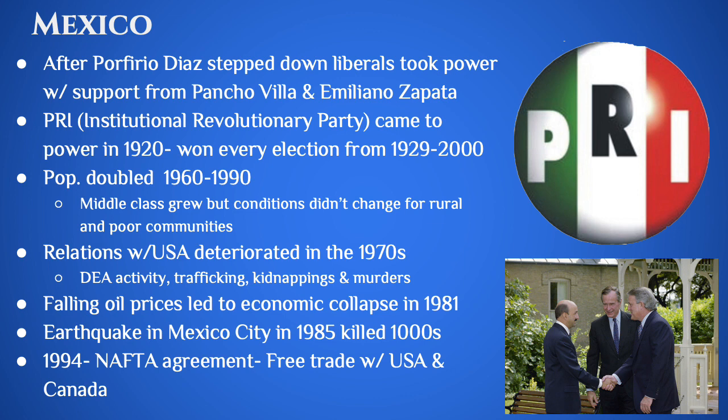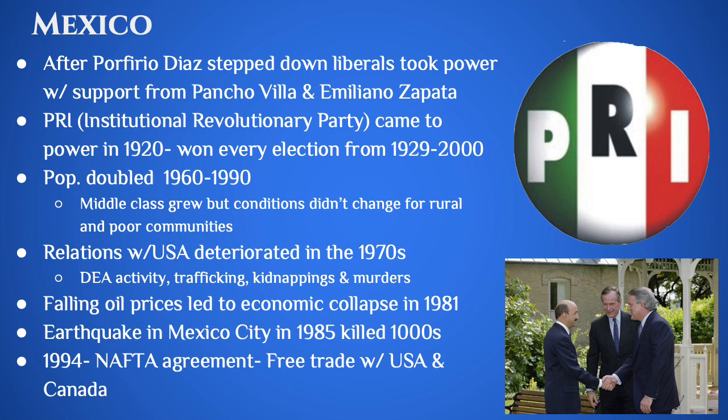This also, the latter half, coincides with the rise of migration from Mexico to the United States, both legal and not legal migration. The middle class overall grew in Mexico, but conditions didn't really change for those rural and poorer communities, which again contributes to all of that migration to the United States. Our relations with Mexico really deteriorated in the 1970s.